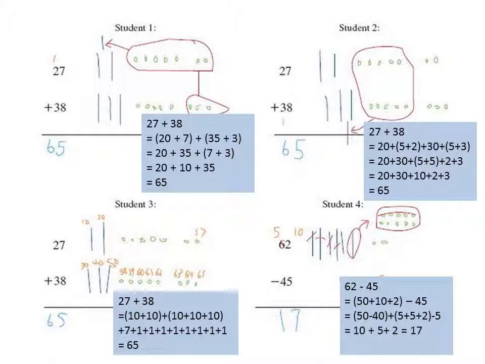Student 3 had a much different approach, and I wonder how well developed this student's addition sense is. And even the cardinality of his numbers seems a little bit shaky. The student counted by tens, 10, 20, 30, 40, 50, to deal with the tens place of the two numbers, and then counted on from 57.